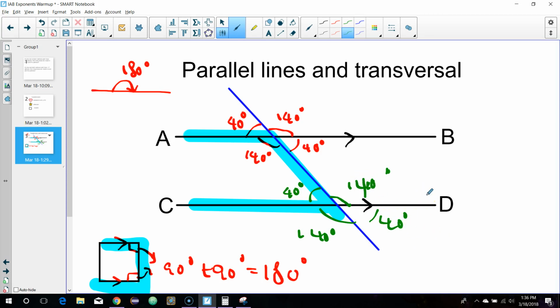And this is basically it. Parallel lines and transversal in geometry, there are many more things that tie to this chapter, but for Algebra 1 level, that's what you need to know. If you have a pair of parallel lines, and you have something cut across it, that line is called a transversal, and it's always going to form this pattern. So you can see a lot of the numbers are actually the same.